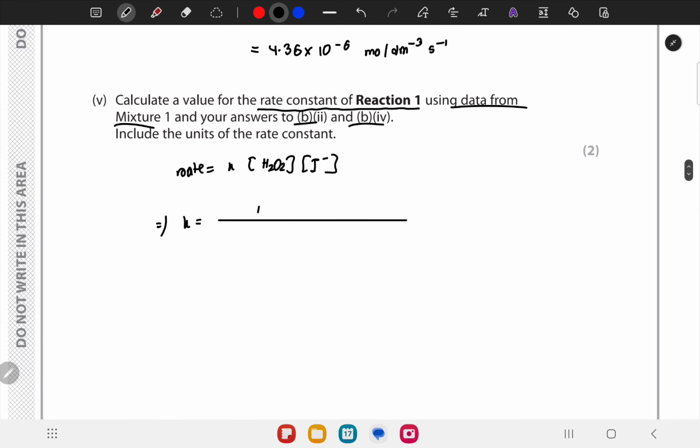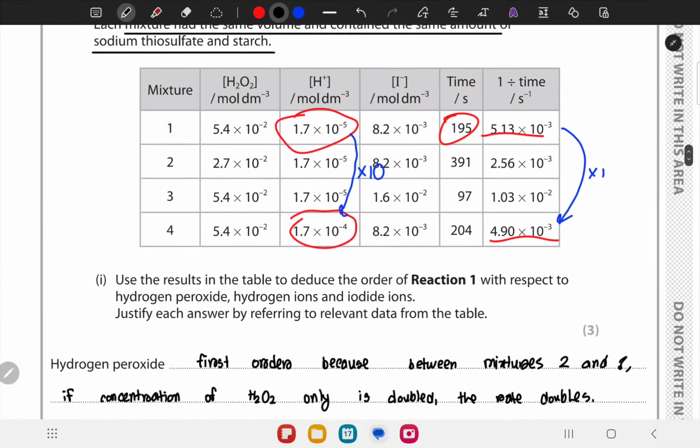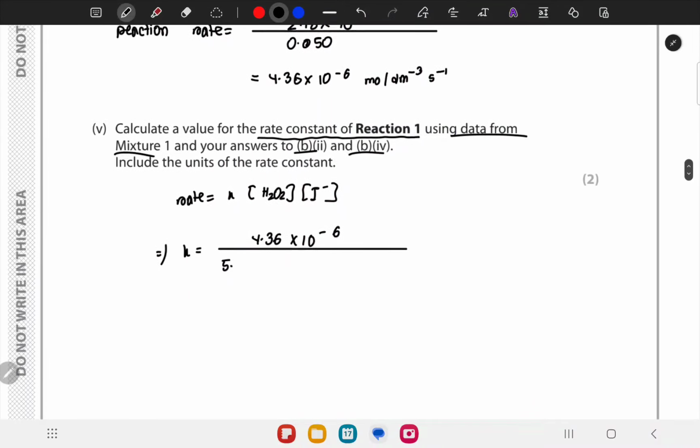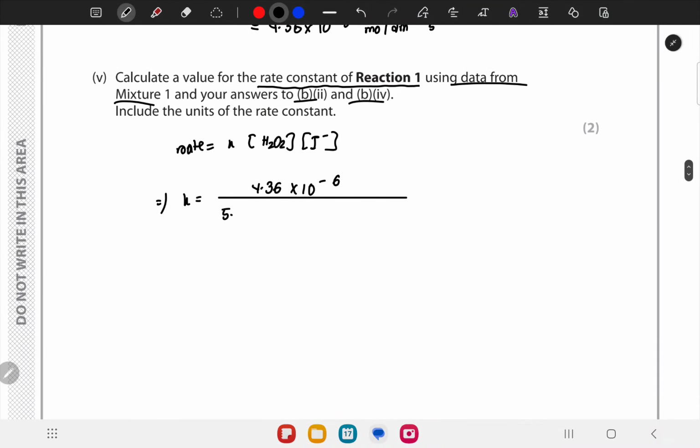The rate is 4.36 × 10^-6 and the concentrations are 5.4 × 10^-2 and 8.2 × 10^-3. If we figure this out, we'll get 9.84 × 10^-3.